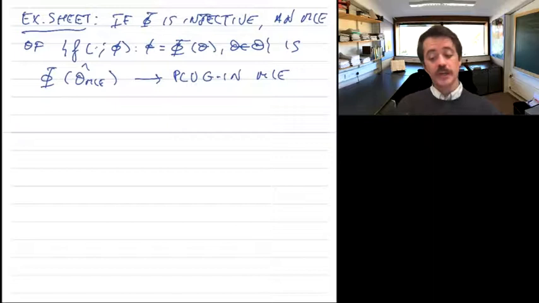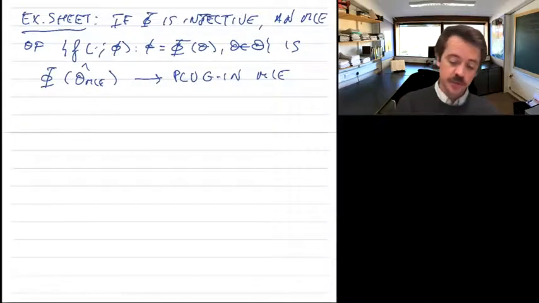But there is more that we can inherit, and this is what's key about the plugin MLE. So why it's powerful, it's a powerful idea.